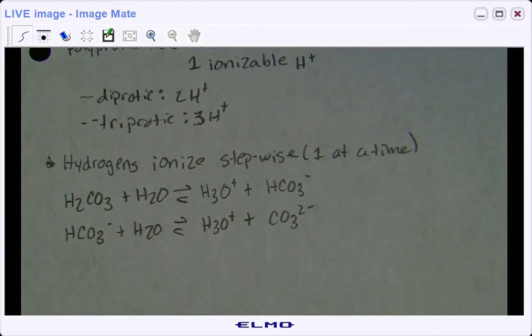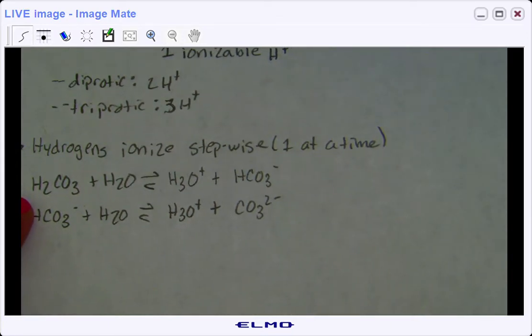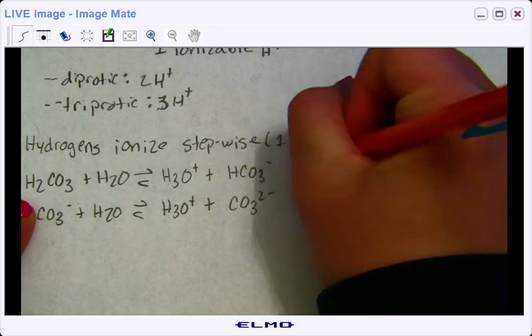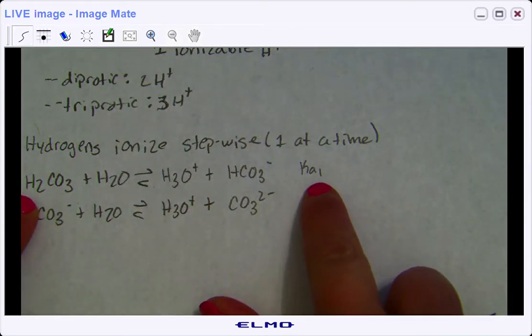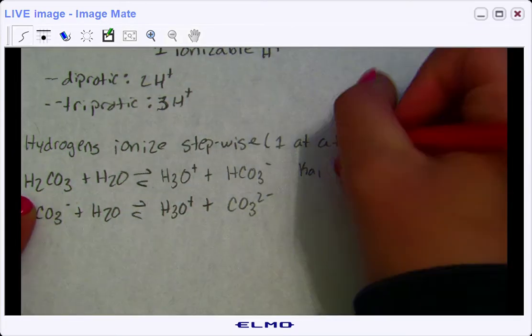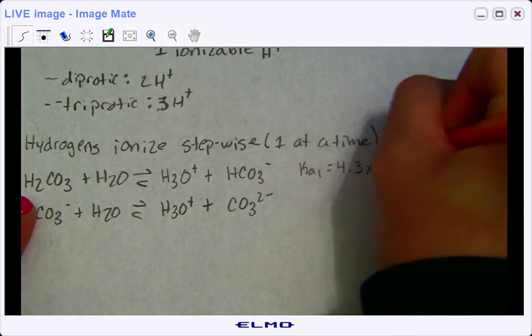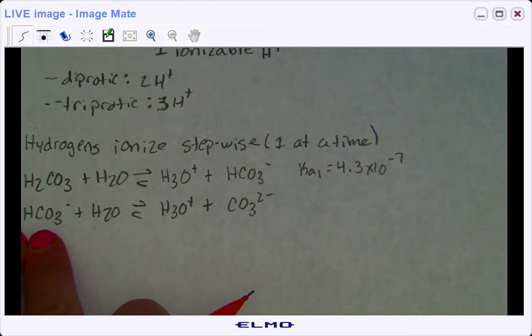Now, the amount of ionization that is going to occur will be determined by the Ka value. So if you look at your reference table, the Ka value of carbonic acid, and we're going to call that the Ka1 because this is the first hydrogen to be ionized, is 4.3 times 10 to the negative 7. Now, this HCO3 minus can also ionize.